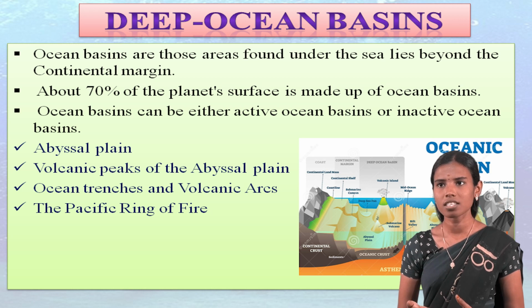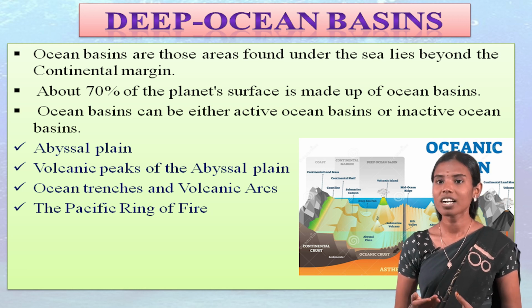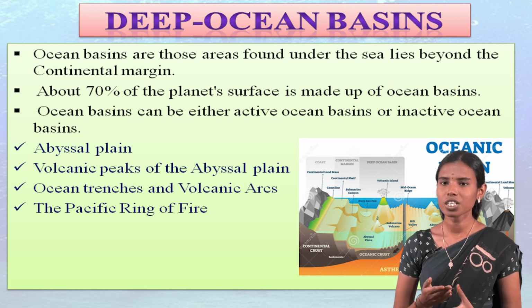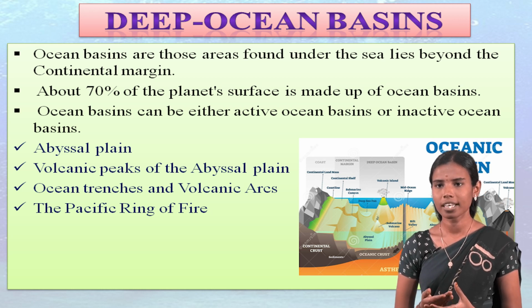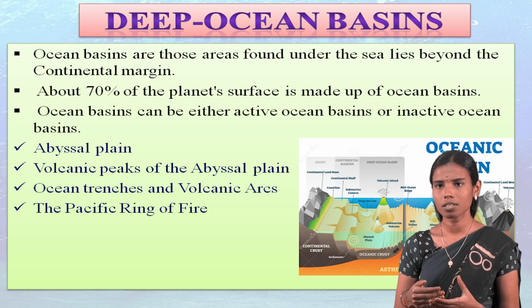The ocean basin contains lots of features like abyssal plains, volcanic peaks, oceanic trenches and the Pacific ring of fire. Next, we will see the features step by step.